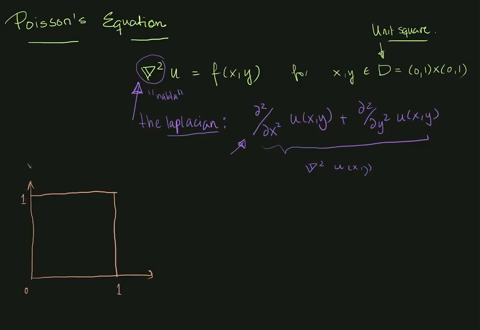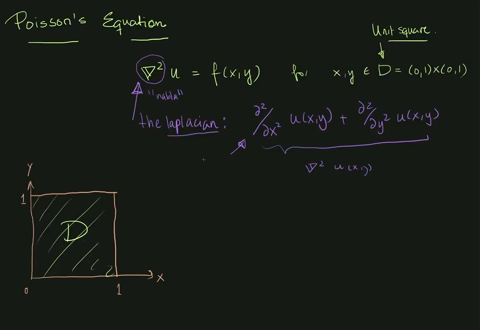I have my y-axis here, I have my x-axis here, and then the innards over here, this is D. So I want to try to solve this differential equation on the unit square D.